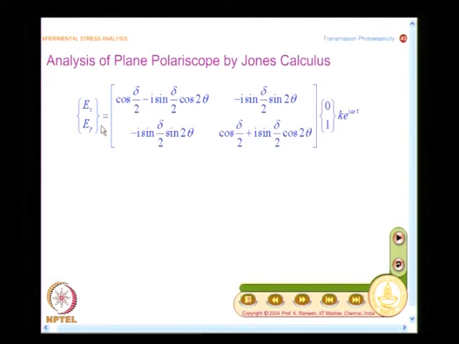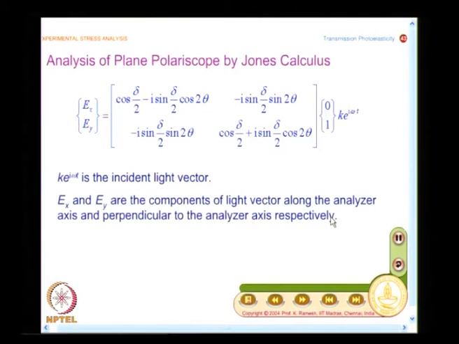And this would give me the component of light along the x axis and y axis. And what I need to find out is the amplitude, because I said all the sensing elements only record amplitudes. So, that is what we will see now.